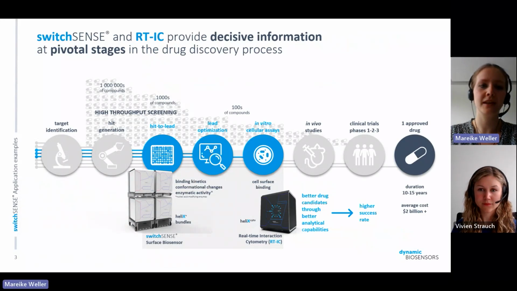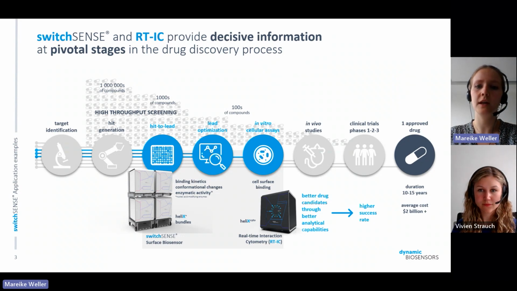As we all know, finding small molecules that bind to our identified target can be very challenging. So this is where the assay I measured and want to show you comes in, and also the technology, the switchSENSE technology. The assay was developed on the switchSENSE Helix device and comes into hit-to-lead generation.